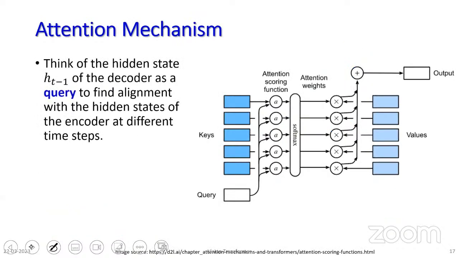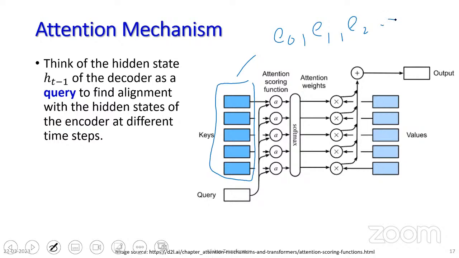So let us look at the attention mechanism. Think of the hidden state h_{t-1} of the decoder as a query to find alignment with the hidden states of the encoder at different time steps. Let us look at the encoder states. You have these encoder states available, say e_0, e_1, e_2, and so on.